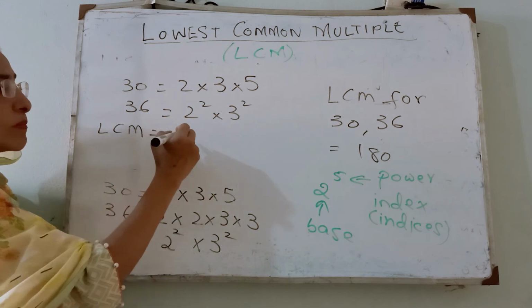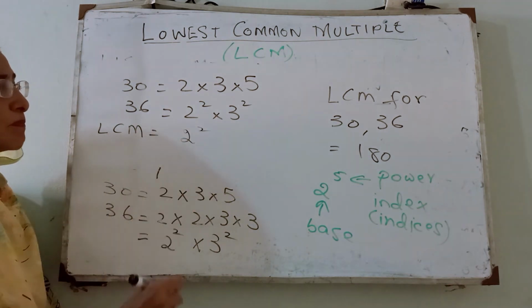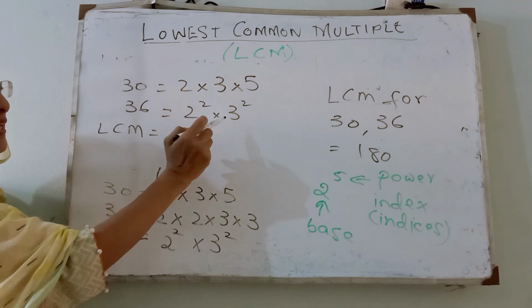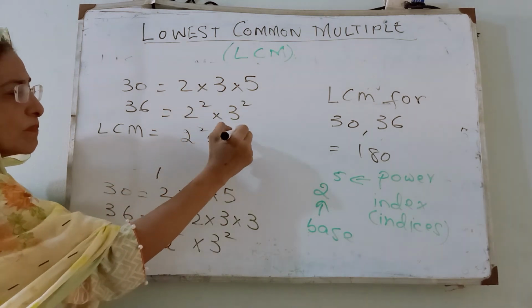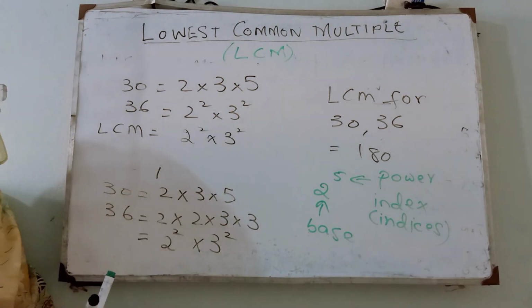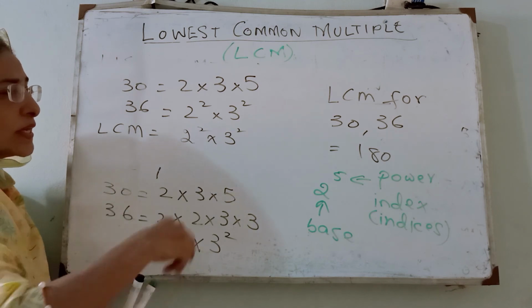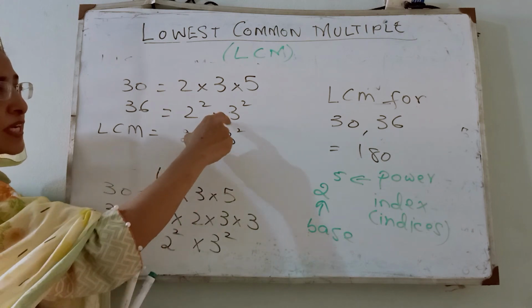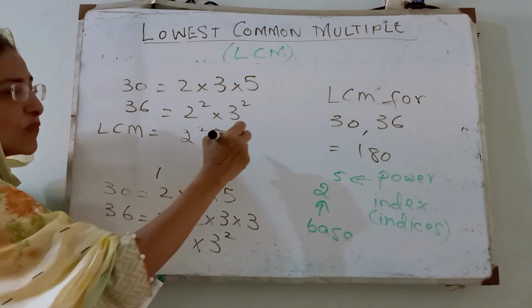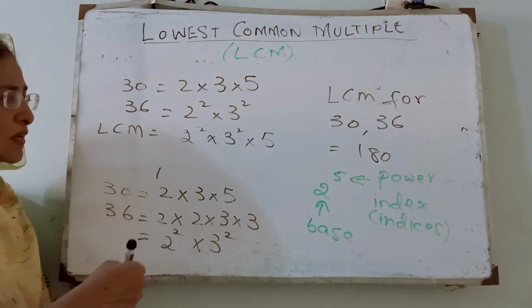So I am going to take 2 square. Comparing this 3, I am going to take 3 square. Now since for LCM we are taking all the numbers, even if they are not common in both the numbers, we have to take it. So same is the case with 5. I am going to take this 5 also.